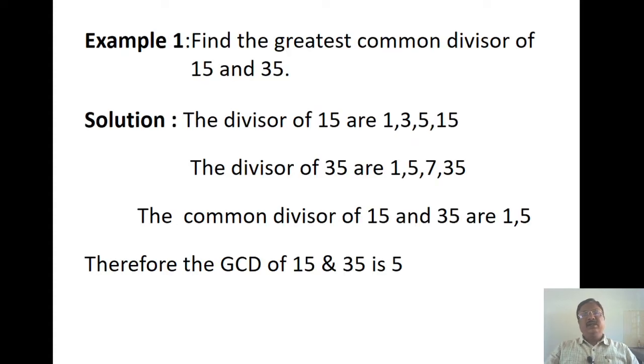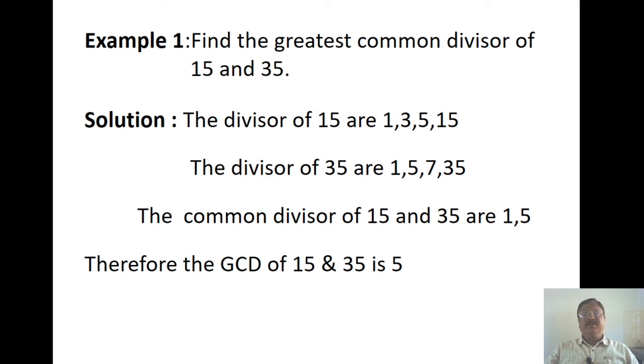Now let us see the examples. As a first example, find the greatest common divisor of 15 and 35. Here we collect all the divisors of 15. They are 1, 3, 5 and 15.